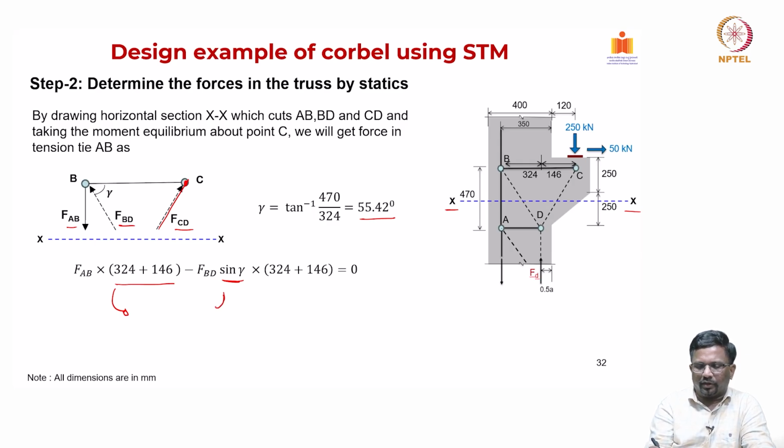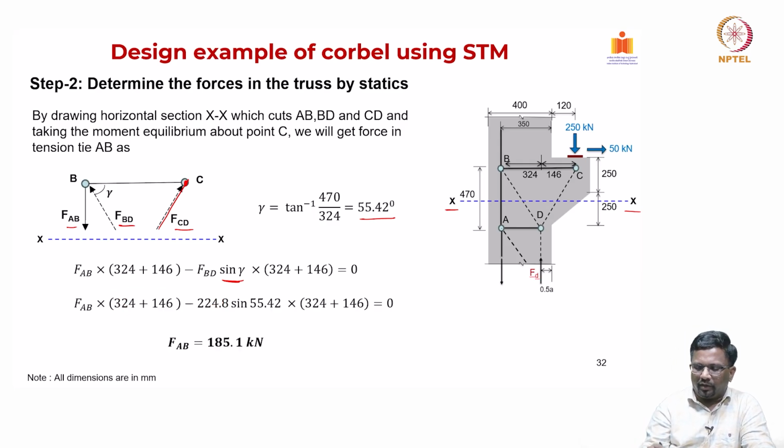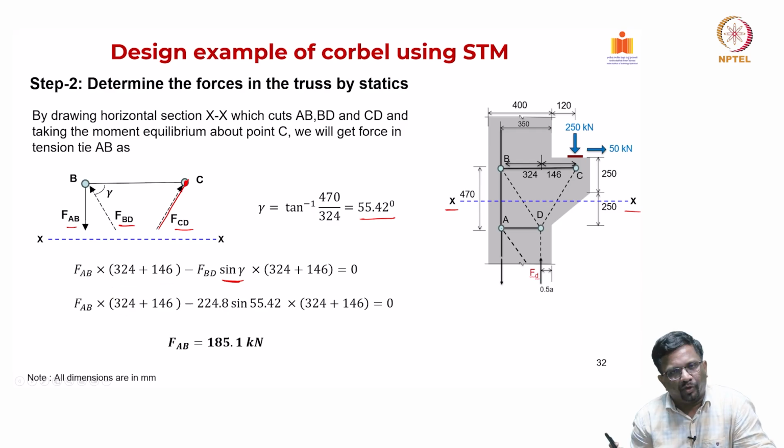So this is creating an opposite, basically counterclockwise moment. So it is creating like this. So that's the reason. Okay. So let's say this is positive, this is going to be negative, and we take that to be 0, and then you find your force FAB, and FAB as 185.1 kilonewton.